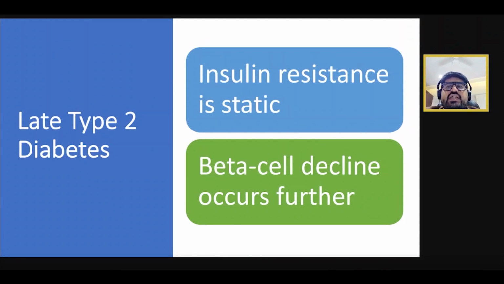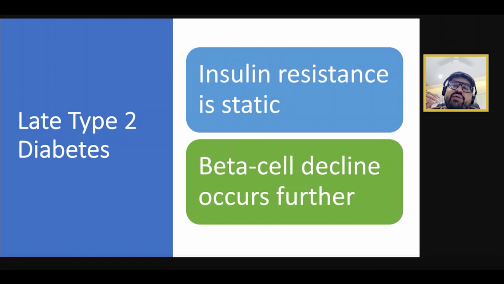What happens in a state of late type 2 diabetes? So when the type 2 diabetes progresses over a period of time, the insulin resistance reaches a state where it is static. So insulin resistance reaches a static point, but the beta cell function continues to decline slowly over a process of time. And that's why, remember, type 2 diabetes is a lifelong disease in a lot of sense. Of course, you have patients who go into remission, right?